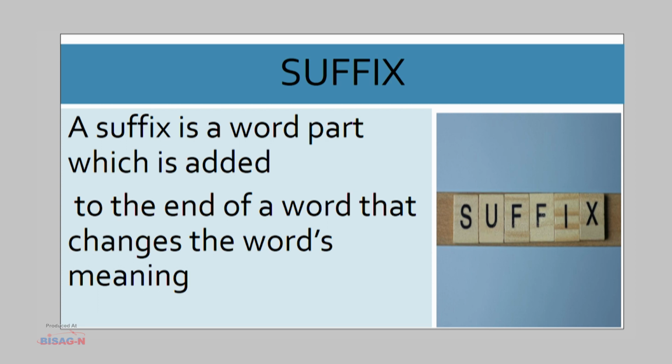So what is a suffix doing? A suffix is changing the meaning of a word, and that's why it is called a suffix. Suffixes play a very important role. It is really going to help you in all dimensions. So let us explore suffixes in detail.